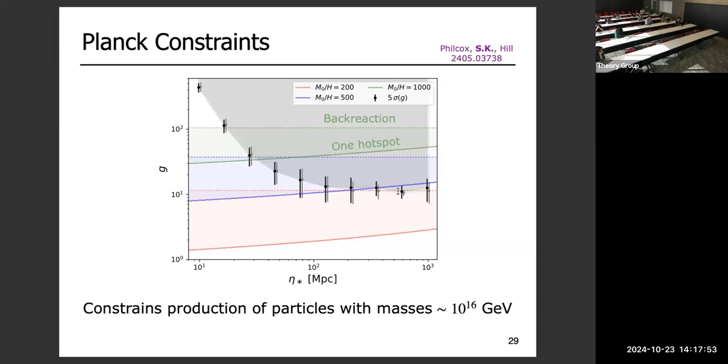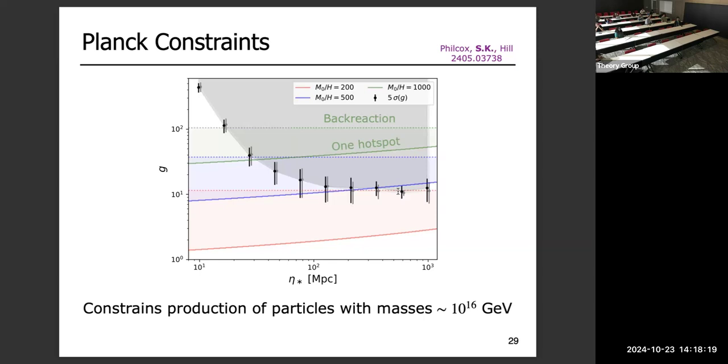So the search is not even applicable here for the green region. And above this line, you start modifying the inflaton dynamics. So you have to do a better treatment. So it's like a dashed line if you want. So it's subject to theoretical improvement. But within this region, you are in good theoretical control, and you have produced more than one hotspot. But because you didn't find even one, that region is ruled out.